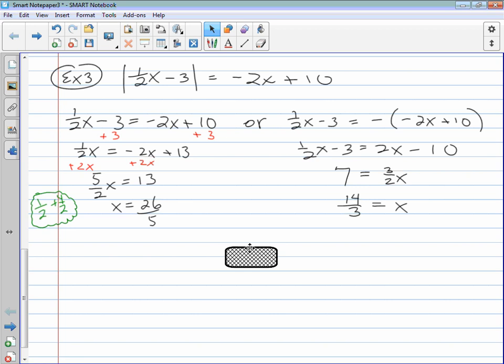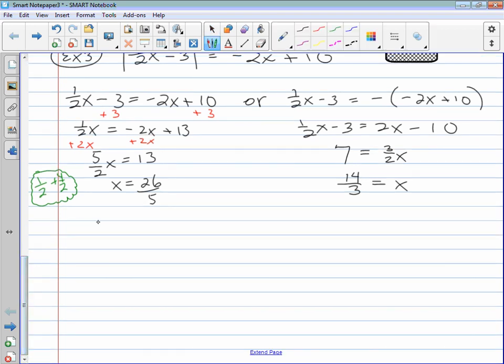So, 26 over 5. Now we're checking our work here. The original problem said 1/2 x minus 3, and it's supposed to equal negative 2x plus 10.